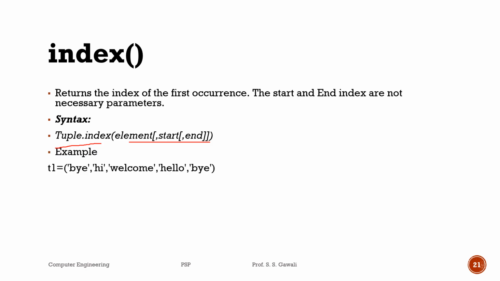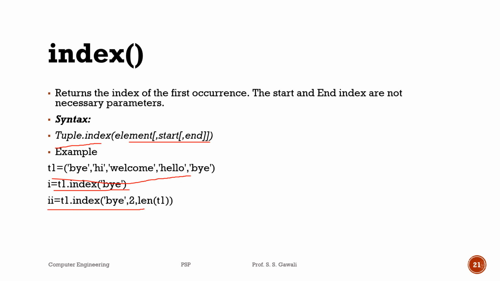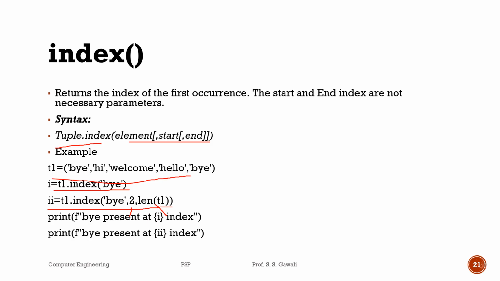So here I have t1 is equal to bye, hi, welcome, hello, bye, and I want to retrieve the bye present at what index position. So i is equal to t1 dot index bye. Then i is equal to t1 dot index bye, 2, len t1, meaning I want to start at the 2nd position and end at the end position. So bye is present at index 0 and bye at index 4.